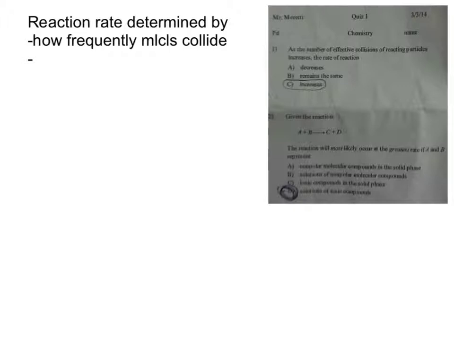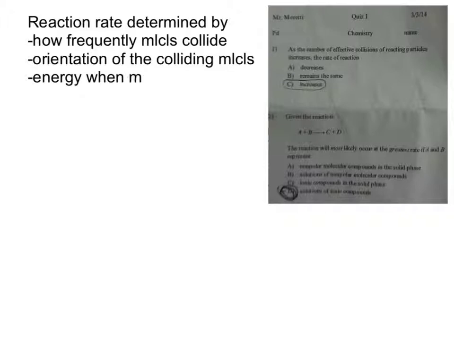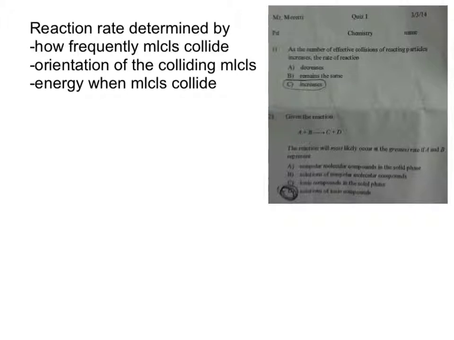The second thing is the orientation of the colliding molecules. And note that I am abbreviating molecules here. And the third thing is energy when molecules collide. So these are the three things that help determine the reaction rate.